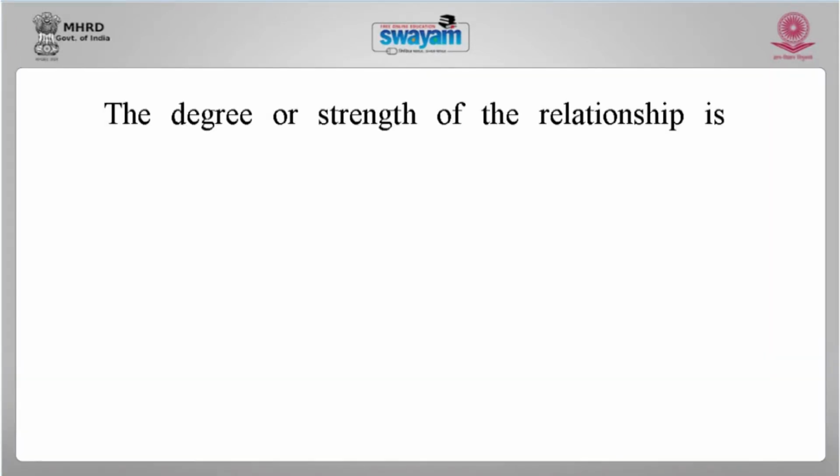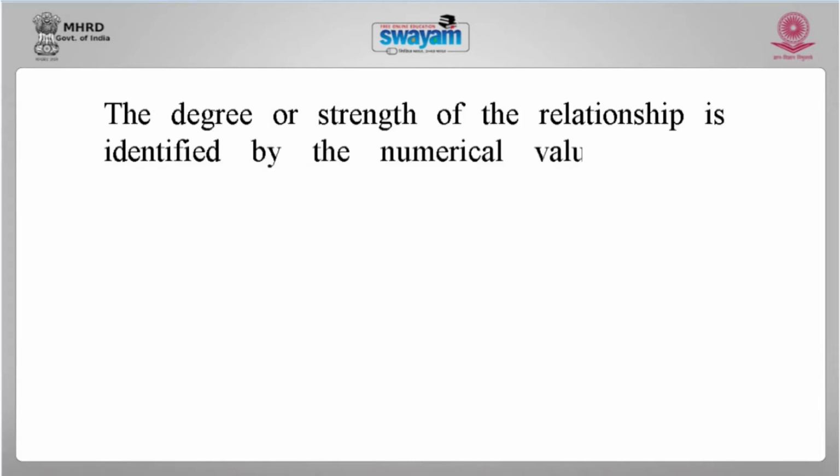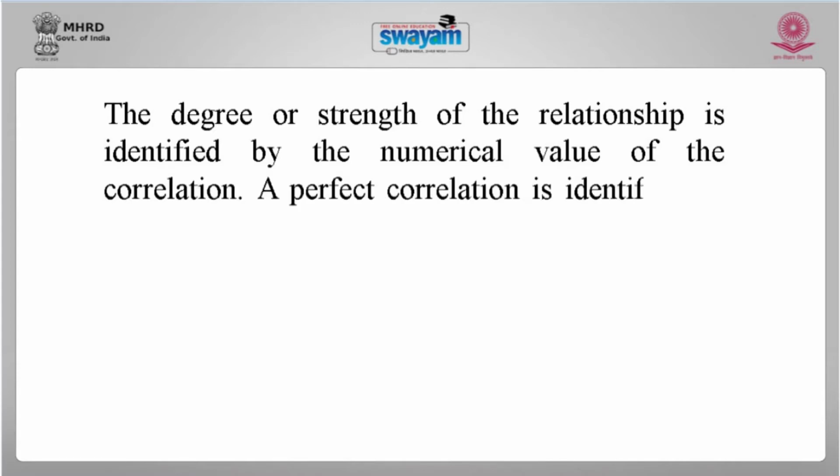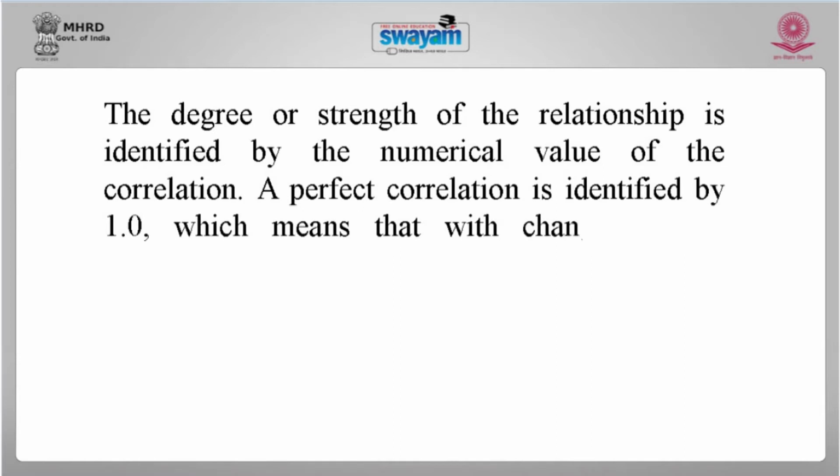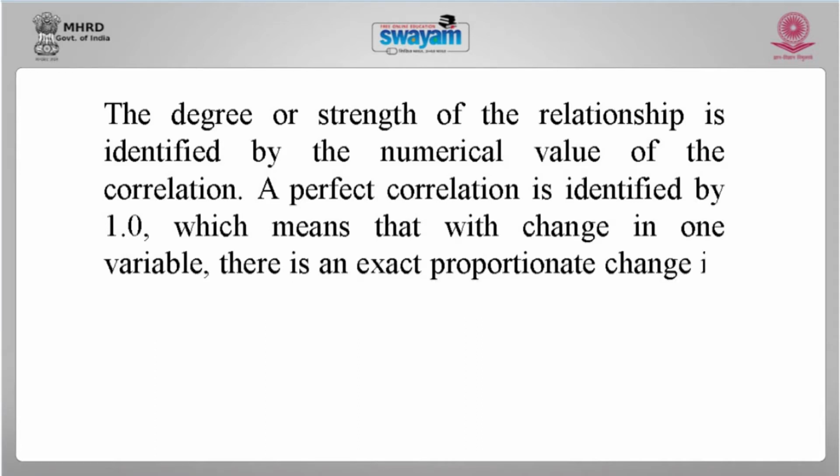The degree or strength of the relationship is identified by the numerical value of the correlation. A perfect correlation is identified by 1.0, which means that with a change in one variable, there is an exact proportionate change in the other variable.